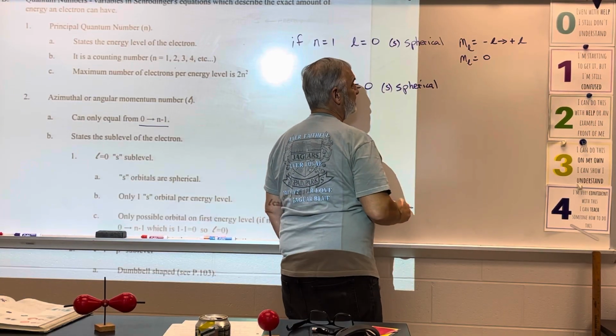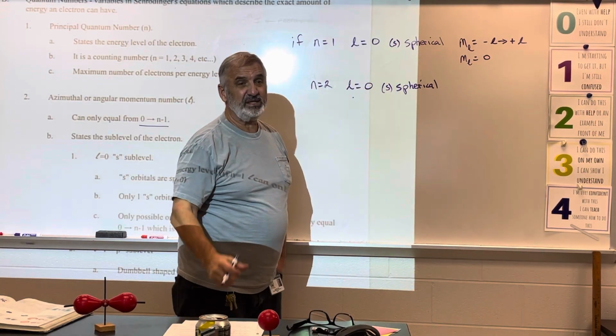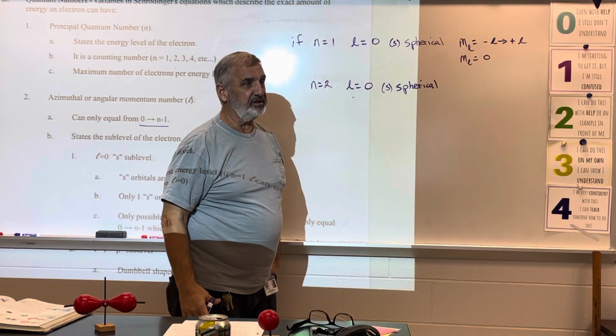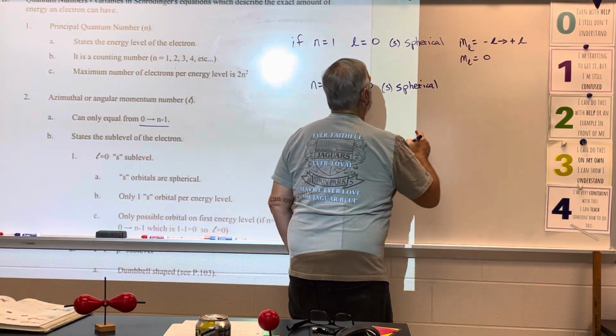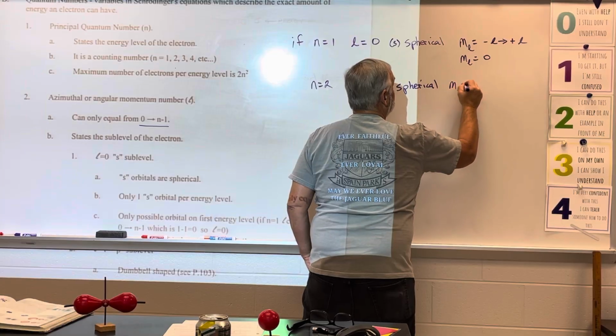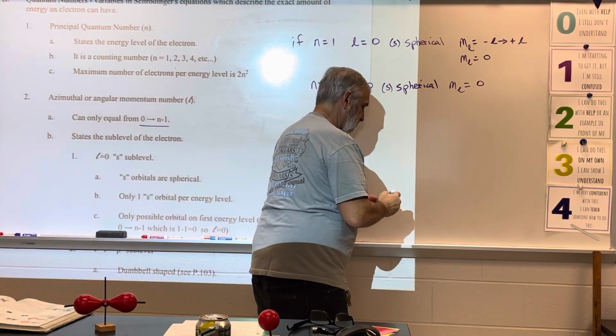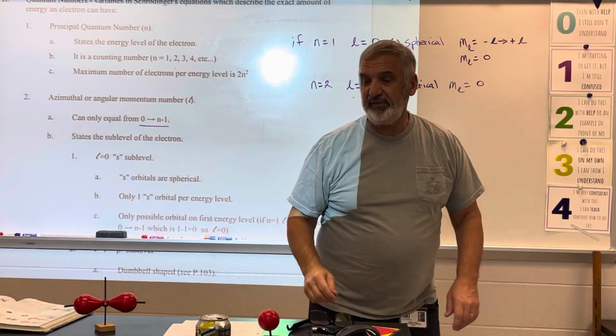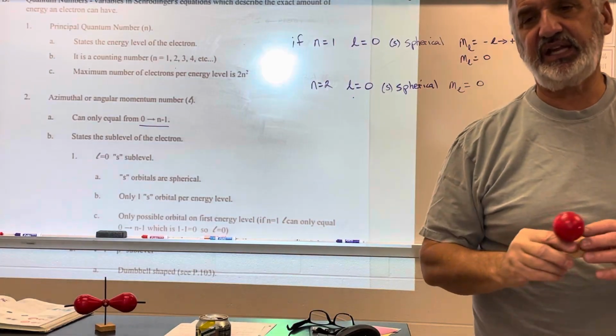It's called S, and it says that in the notes. Again, M sub L can only equal 0. The S doesn't stand for spherical, and I'll tell you that in a second.